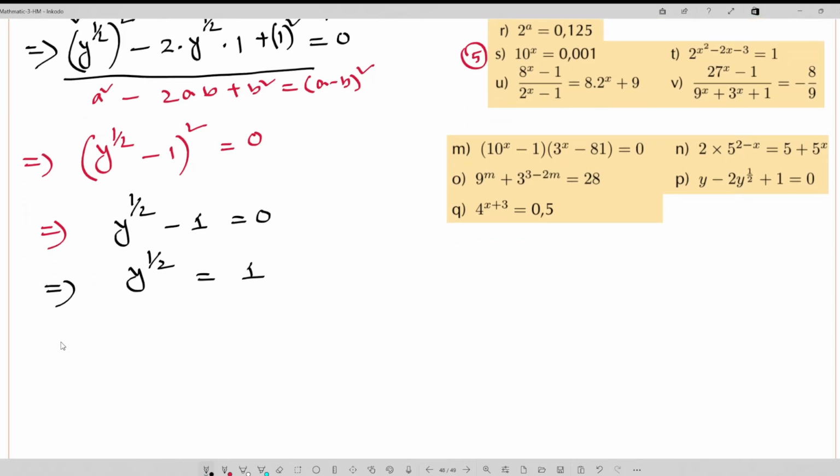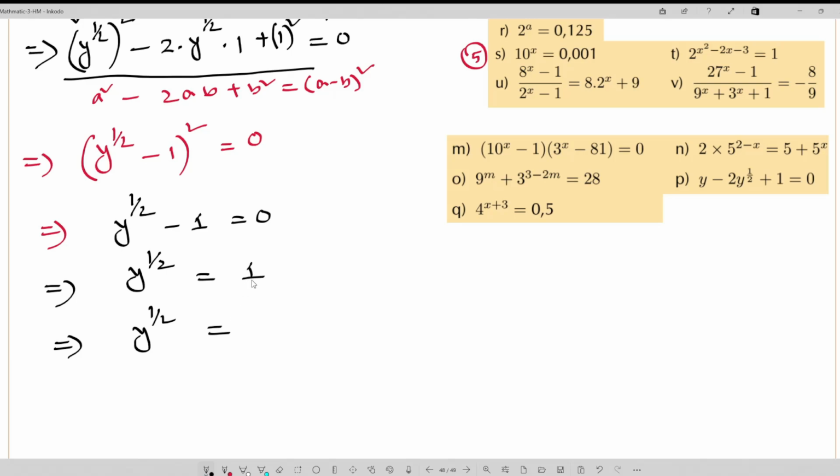Then y to the power 1 by 2 equals 1. One thing, here there is no need for equal base, because once the base is equal, that time we will not get the result of the variable.